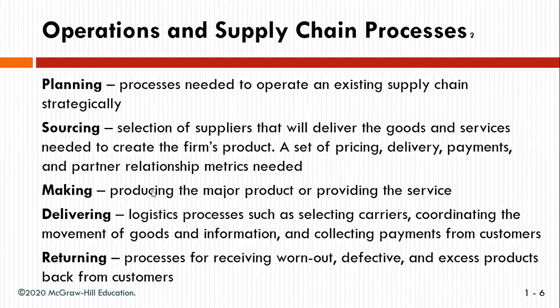So in companies, you always have to be planning according to the strategy that is built into it. The second part that you need to know is the sourcing: selecting the supplier that will deliver the goods and services needed to create the firm's product, with a set of pricing, delivery, payment, and partnership metrics needed.